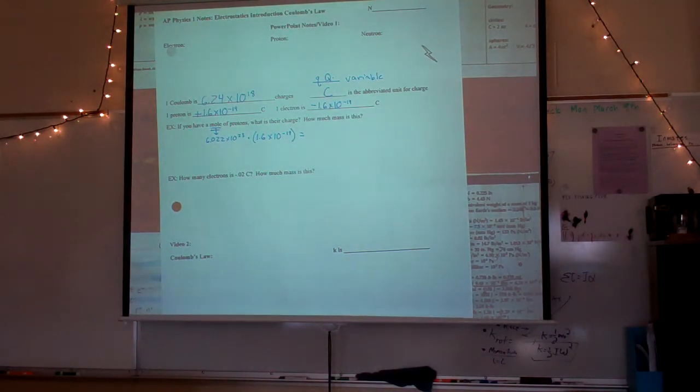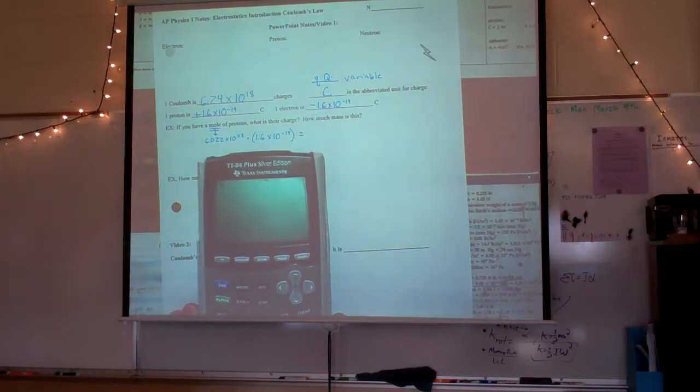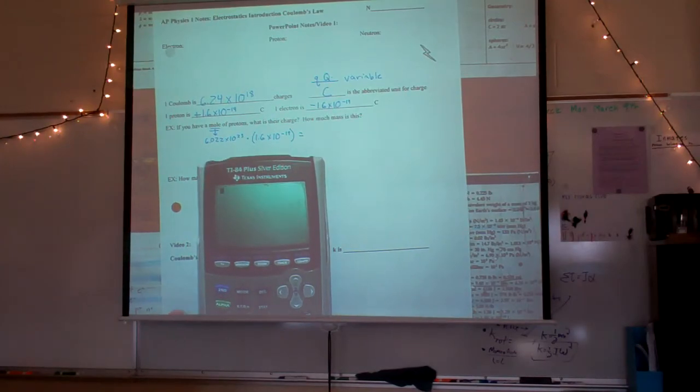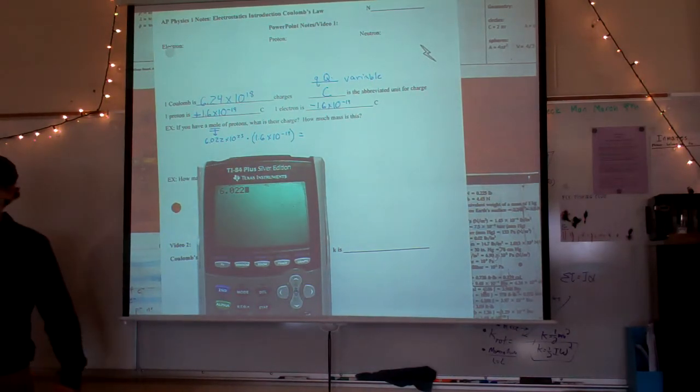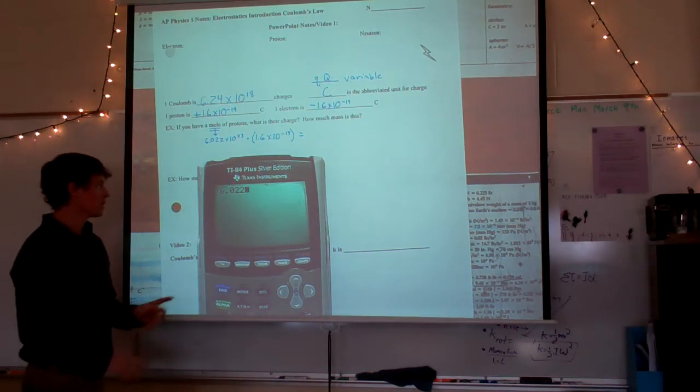Get out your calculators. I want everybody to punch this in. In this unit we're going to deal with lots of scientific notation, lots of really big numbers, lots of really small numbers.